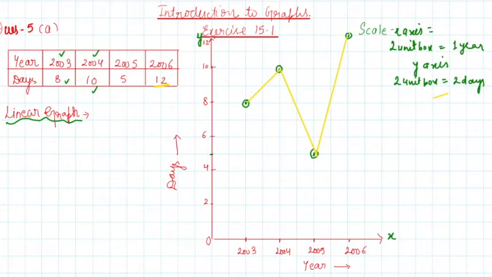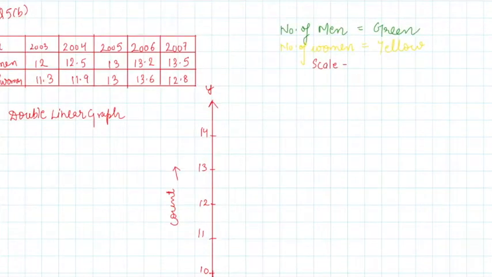Okay. Let's see the next question of this exercise, which is the B part of the same question, where the population in thousands of men and women in a village in different years is given, right? If you see the question carefully, the years 2003, 2004, 2005 are given, and then the number of men and women in the different years.